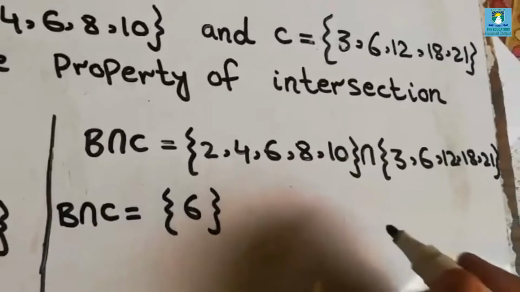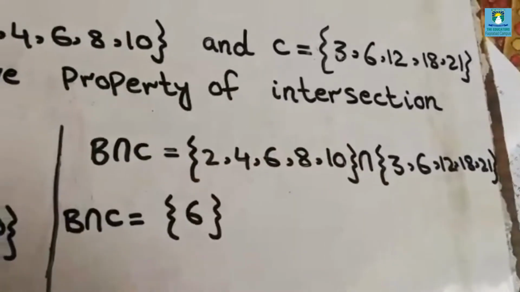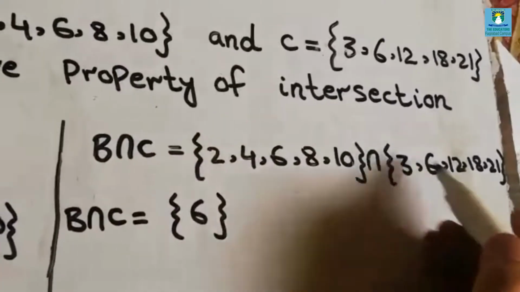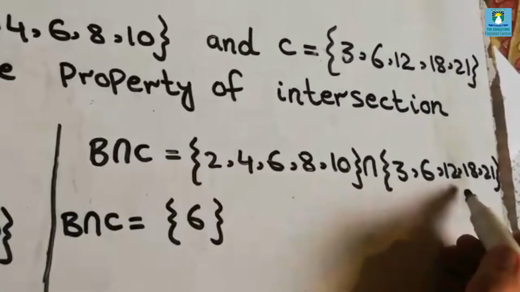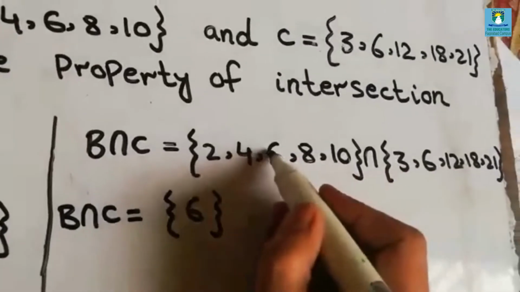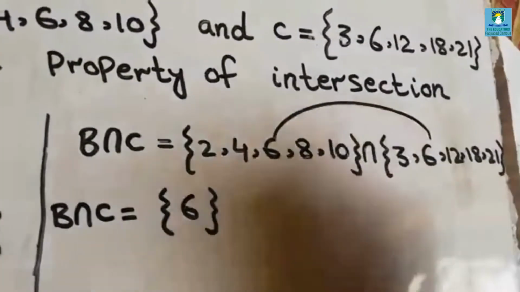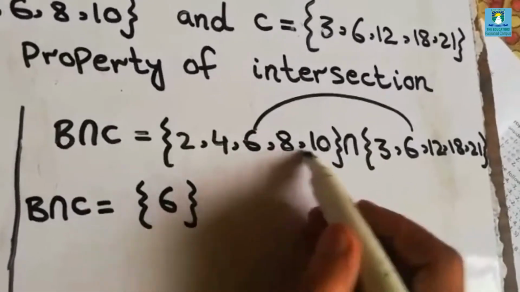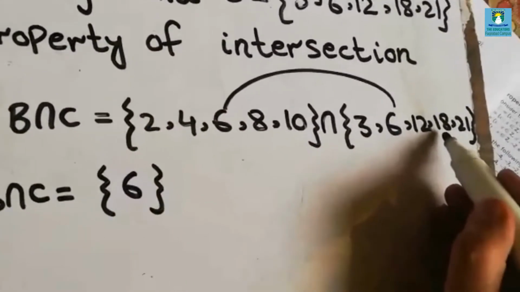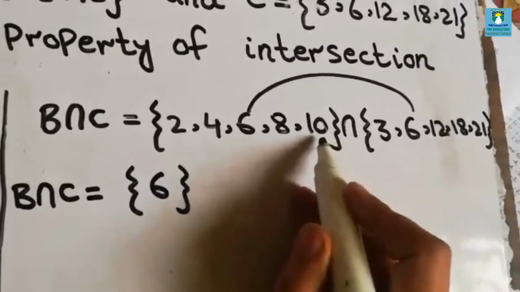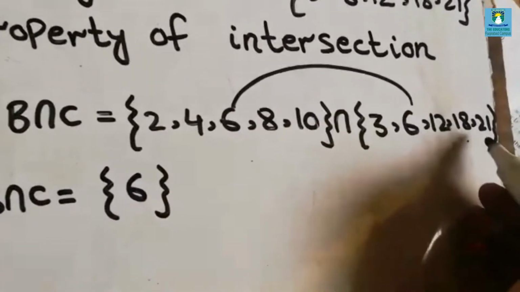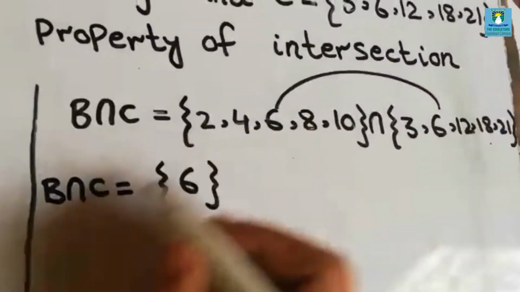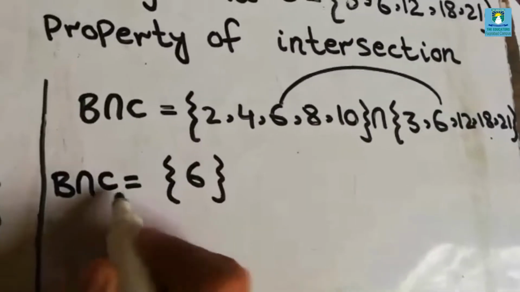Now we have to compare these two sets. What is common in these two sets? 2, there is no 2. 4, there is no 4 in set C. Next 6 is common. Move to next 8. Here we have 8 and in set C we have 18. Next here we have 10 and here in set C we have 21. So only 6 is common. We will write here B intersection C is equal to 6.